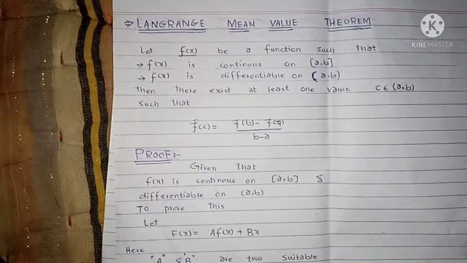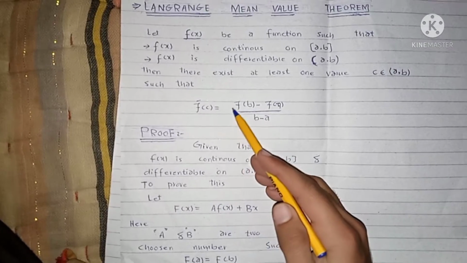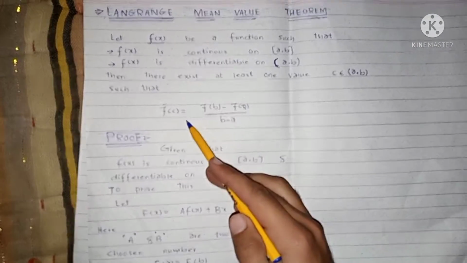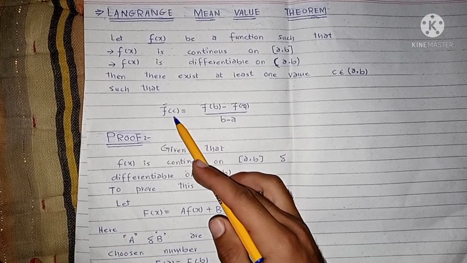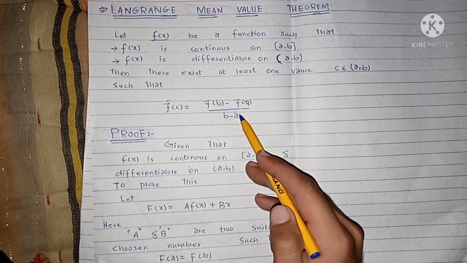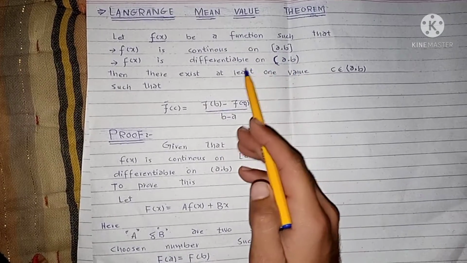So from here you can see that we are supposed to prove this: that f'(c) equals (f(b) minus f(a)) divided by (b minus a), given that f(x) is continuous on [a, b] and differentiable on (a, b).